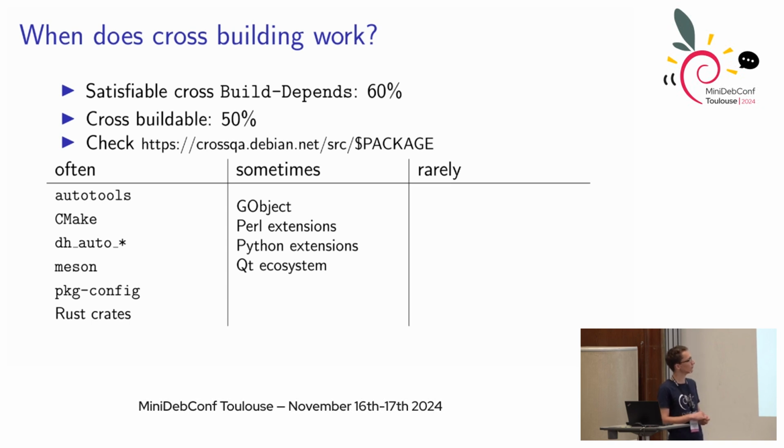Perl extensions work somewhat. There was quite a bit of work by Nico, Dome, and Gregor, making all of the Perl extension packages gain a new dependency that would fix many of them, but not all. Python extensions tend to work if you put up with the right dependencies and use dh auto stuff.